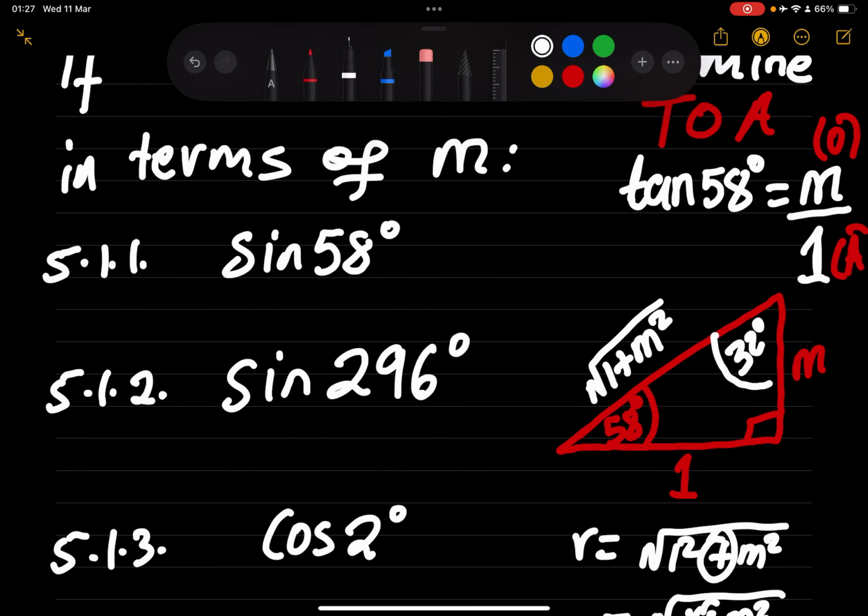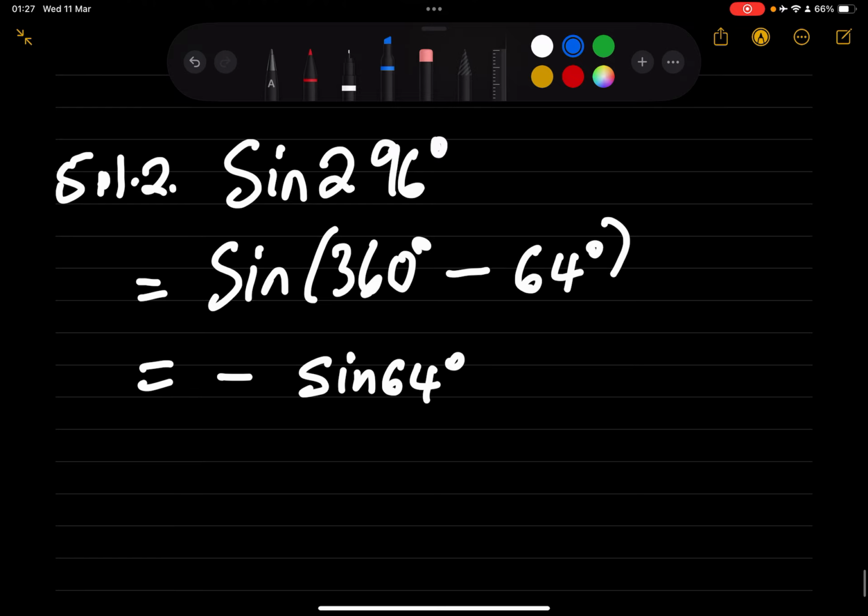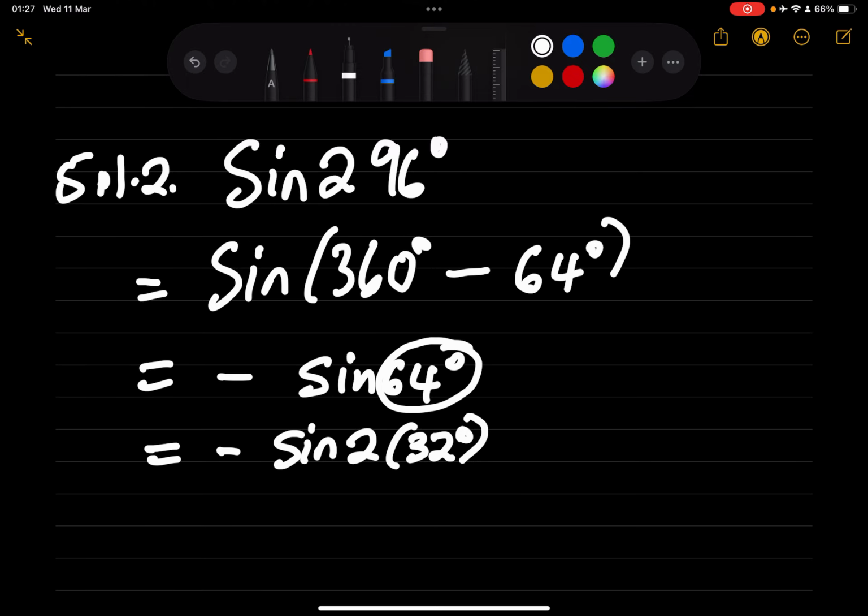But the nice thing is we have 32, which is half of 64, which means when we multiply by 2, we get 64. So here I can represent this as negative sine of 2 multiplied by 32, because I saw 32 on my diagram.